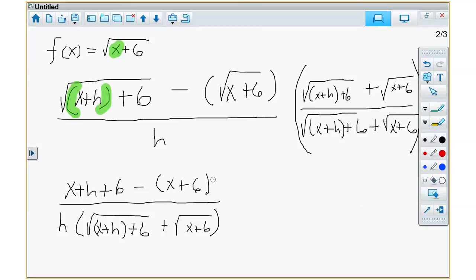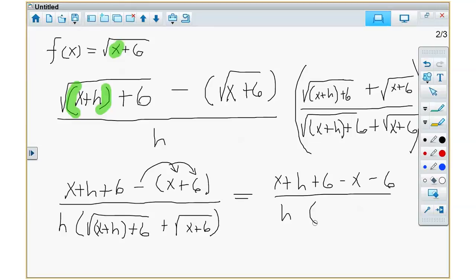And when you distribute this negative, that's going to give you x plus h plus 6 minus x minus 6 over h times squiggle, meaning all this.